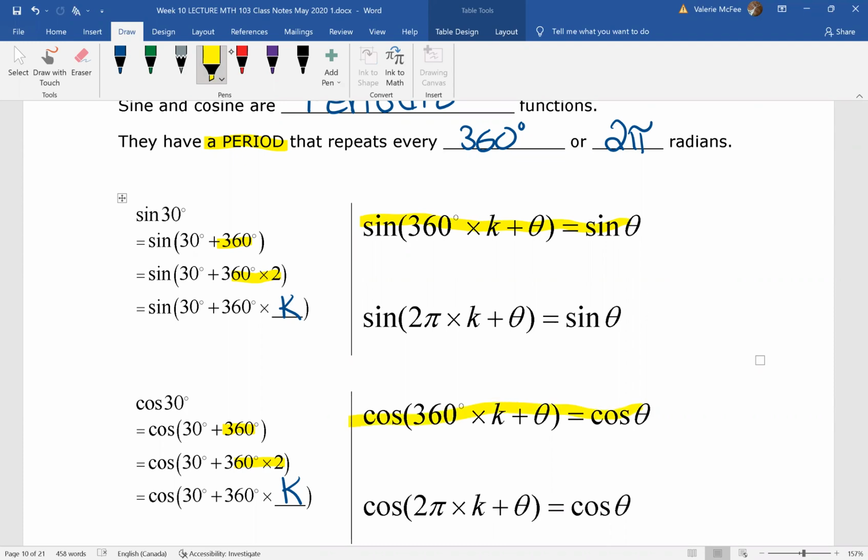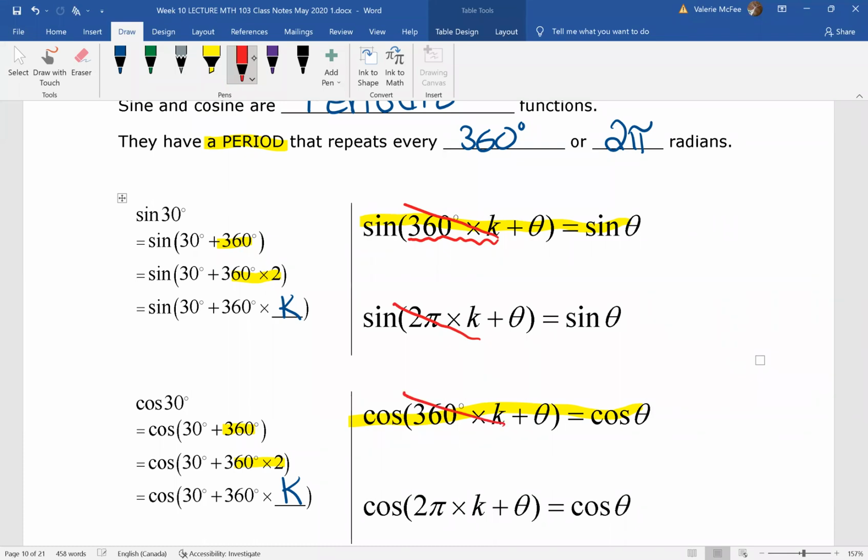What this tells us is that we can ignore the going around the circle, 360 times 1, 360 times 2, 360 times 3. We can ignore this and we're left with the sine of the remainder. The same thing in radians. We can ignore going around the circle and just look at what's left over.